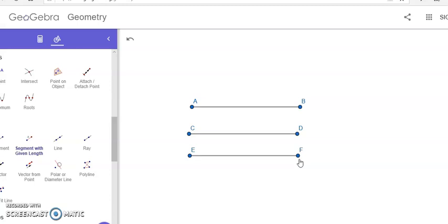Now you observe the line AB is equal to CD and the CD is equal to EF. Here CD is common to both the lines AB and EF, isn't it? So we can say that the line AB is also equal to the line EF, isn't it? Because these two lines are equal to the same line CD.